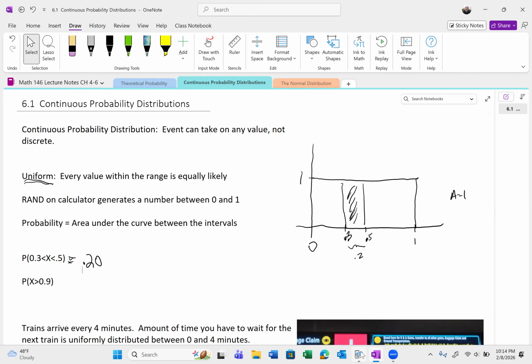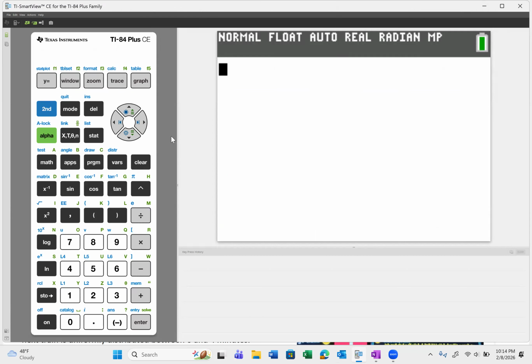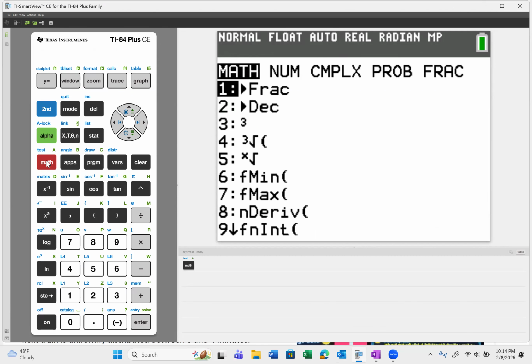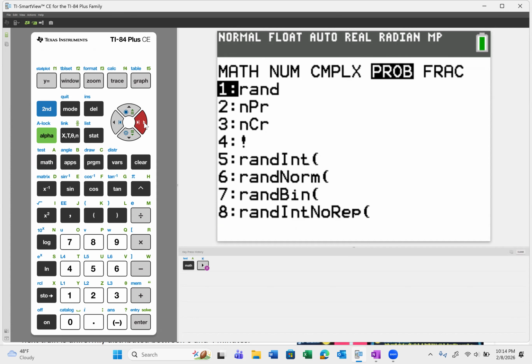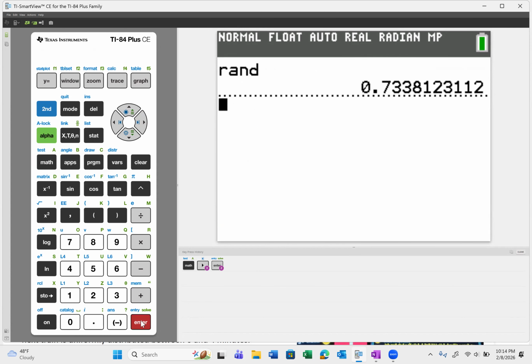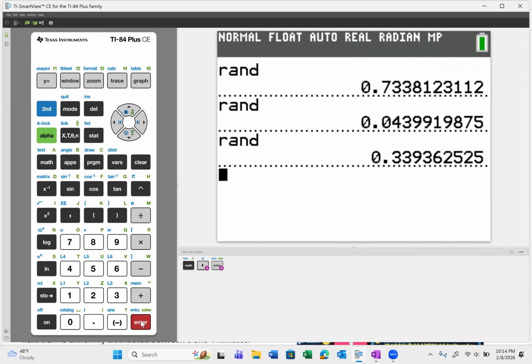And just to see what that looks like, on your calculator you can find that under the math menu. Then there's a PROB probability menu over here a few ways. You arrow left to that, and the very first one is the RAND generator. Every time you generate a number, it generates a number between 0 and 1.